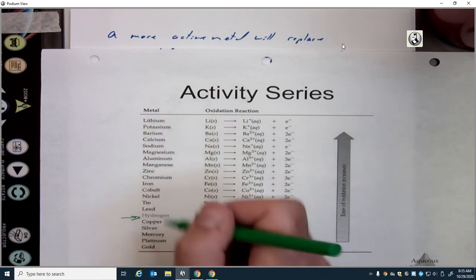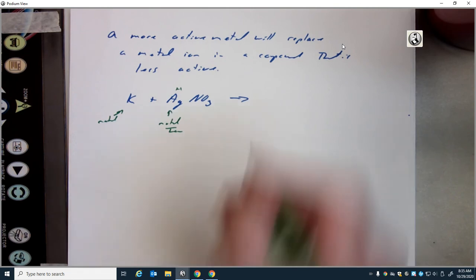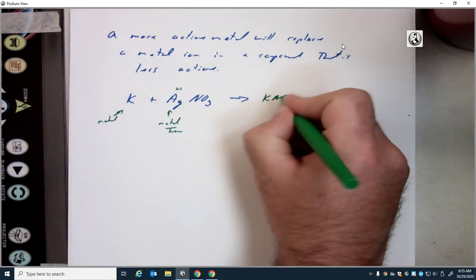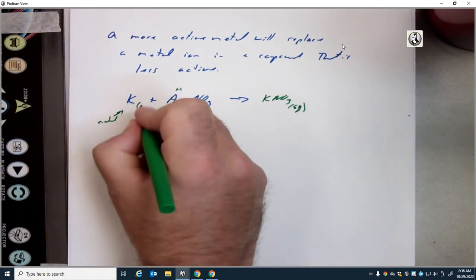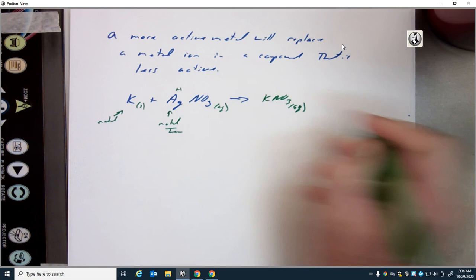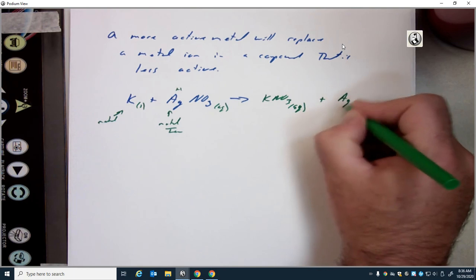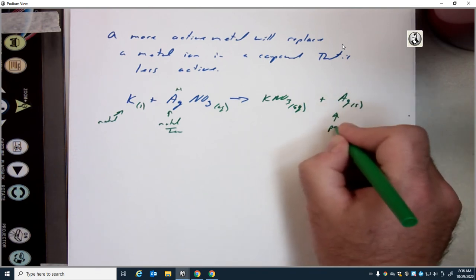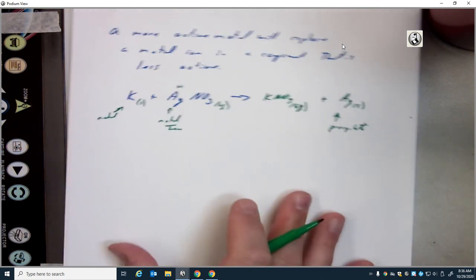So the potassium is going to replace that metal ion. And we will get KNO3, aqueous. This would be solid. This would be aqueous, plus Ag solid. And this would precipitate. We could actually recover the silver.